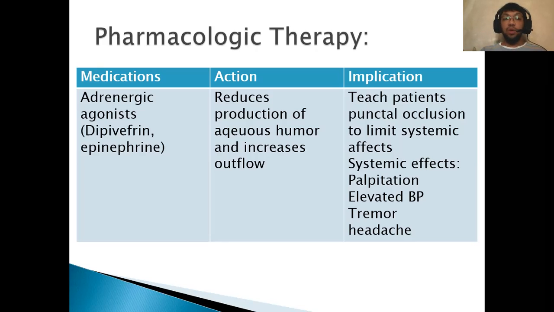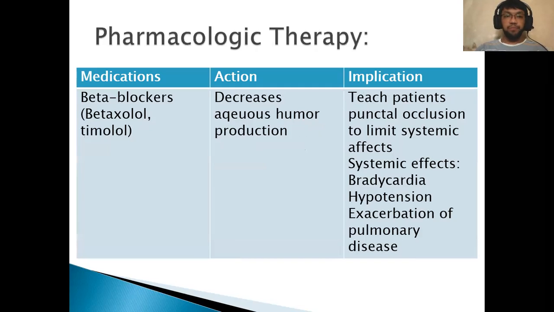So we need to teach about these side effects to the patient, since these are sympathomimetics. When we say sympathomimetics, these are drugs that mimic or imitate the effects of sympathetic nervous system stimulation. Remember, if the sympathetic nervous system is stimulated, all of the vital signs are increased. That's why these things will occur: elevated BP, palpitation, and so on.